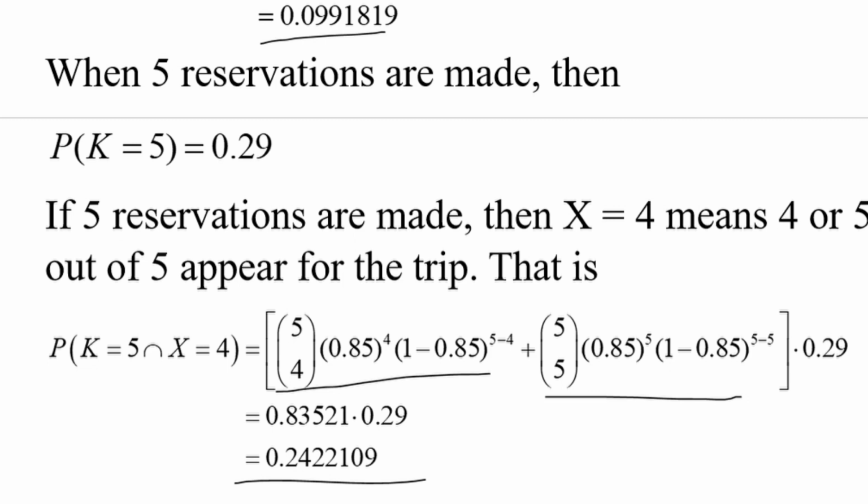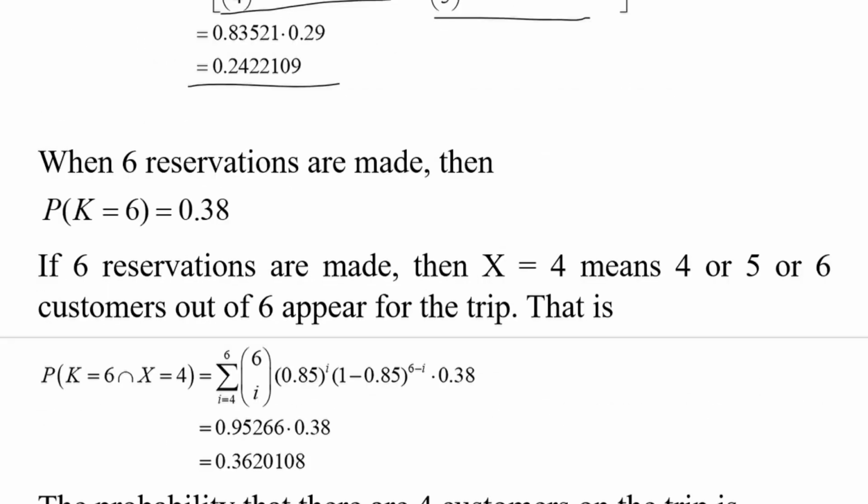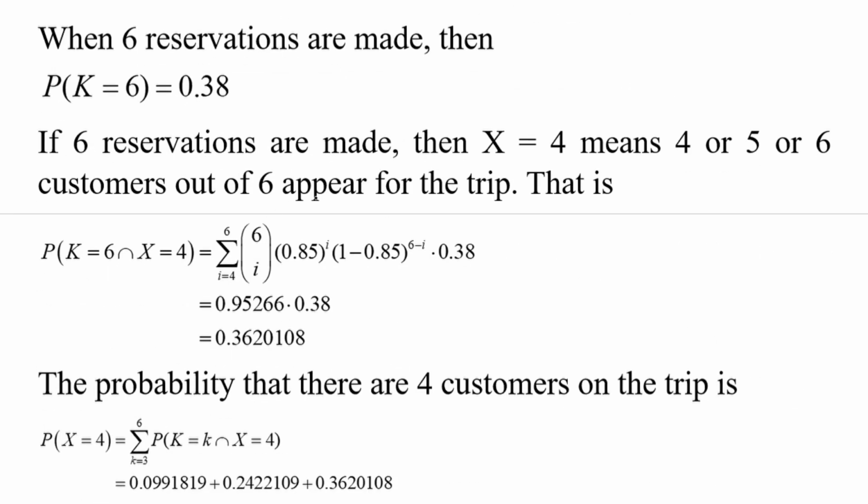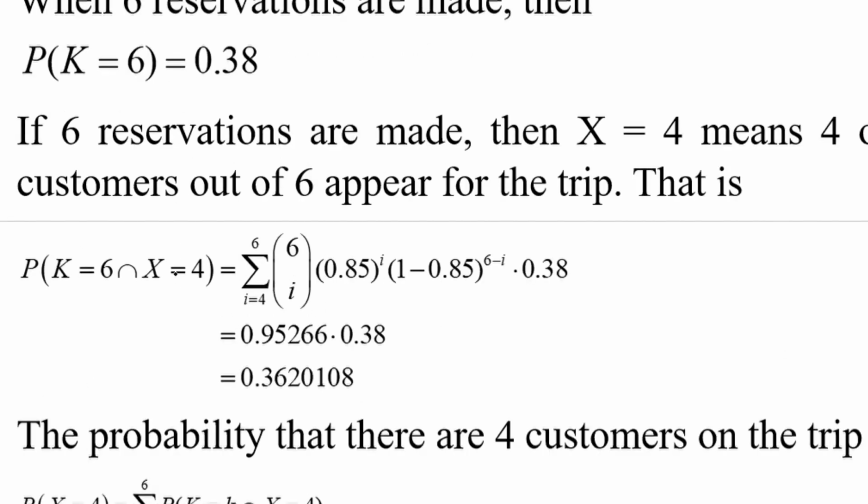Likewise, when 6 reservations are made, the number of persons in the limousine will be 4 if either 4, 5 or 6 customers out of 6 appear for the trip. So we need to find the probability that the number of persons who appear for the trip can be 4, 5 or 6.